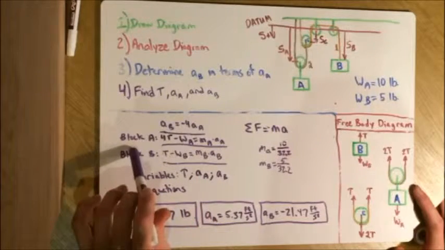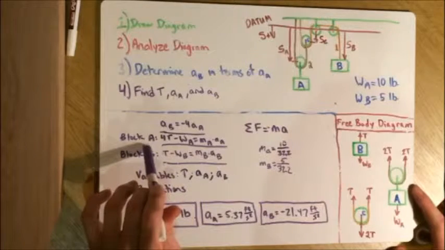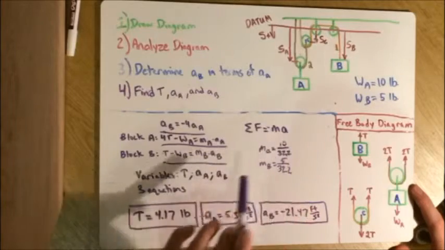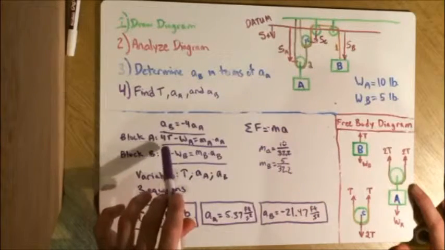The next step is to look at block A's free body diagram and do an analysis using Newton's second law: summation of forces equals mass times acceleration.